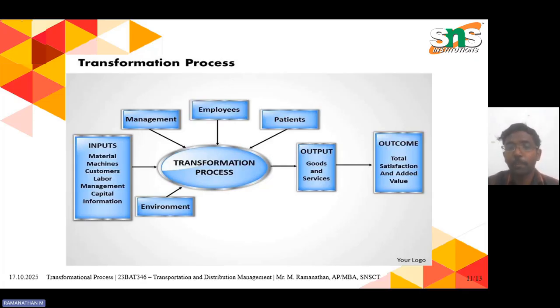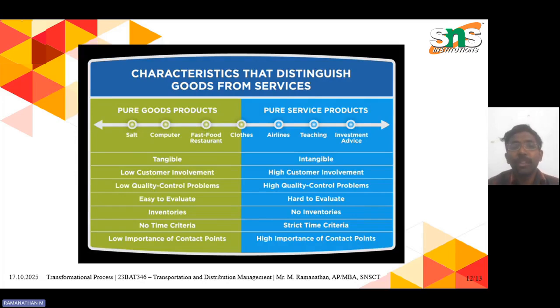That's the important one. Next are a few characteristics that distinguish goods and services. There is a product and there are services, and you should know what a good is and what a service is. Goods are tangible, services are intangible.